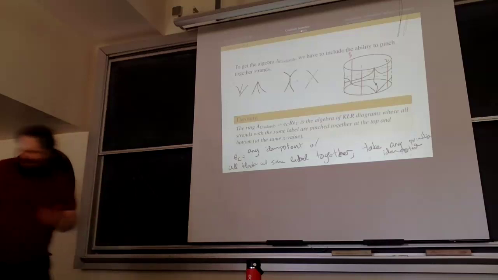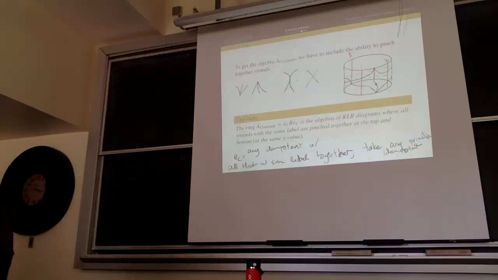I was trying to get around this because I don't think it's actually an extremely important point. But you will get the right relations if whenever you pinch things together, you replace that with a half twist, and whenever you split things apart, you then do the idempotent that comes from that half twist.